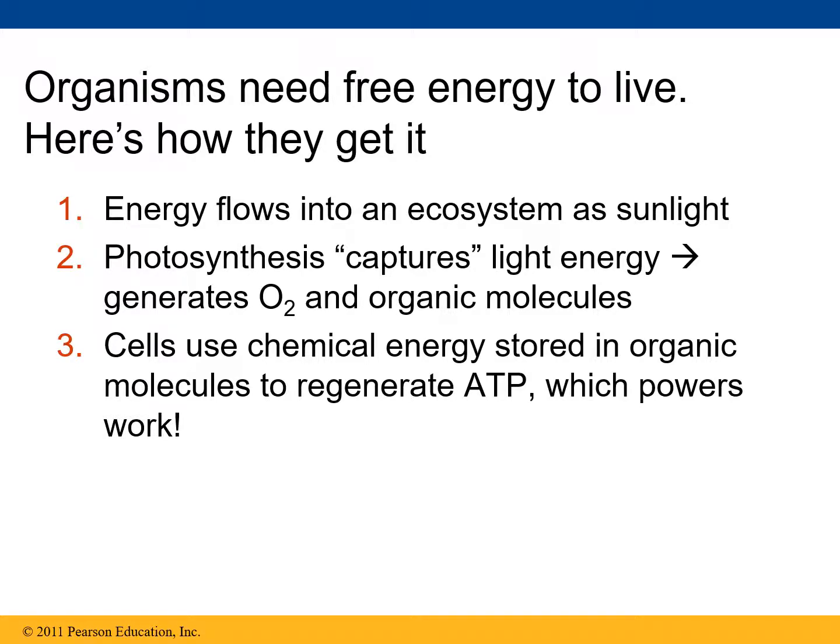Cells use the chemical energy stored in these organic molecules to regenerate ATP, which powers work. You'll also see this labeled as charging ATP or making ATP. What they're really saying is that the energy from the food in these organic food molecules is now being converted into a different chemical energy, and that powers up the cell's work.